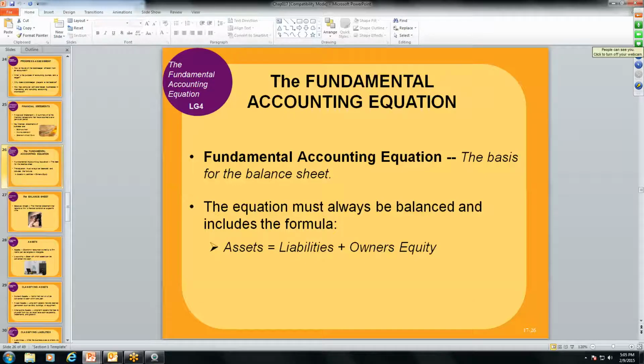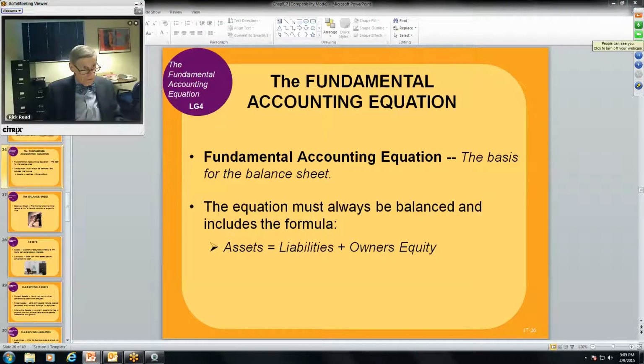And this is what is known, very simple here, with nothing here that's mysterious. This is the fundamental accounting equation. And notice here, it's the basis of the balance sheet. We come down here to the bottom.